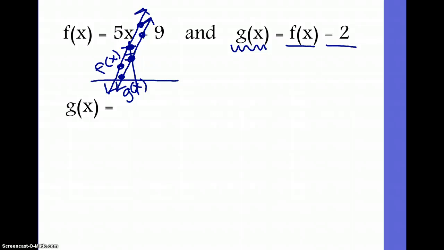I mean, if we were going to get the equation from here, if this is 9 and you go down 2, then this should be 7, and the slope stays the same. So we would have 5x plus 7, and we're going to find that same equation without graphing.